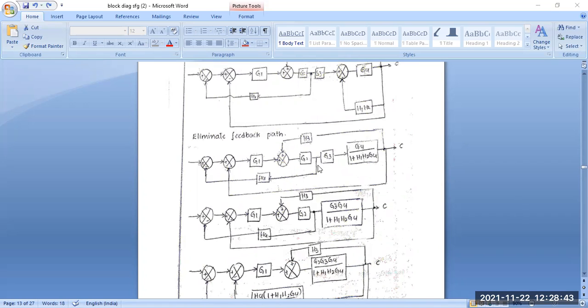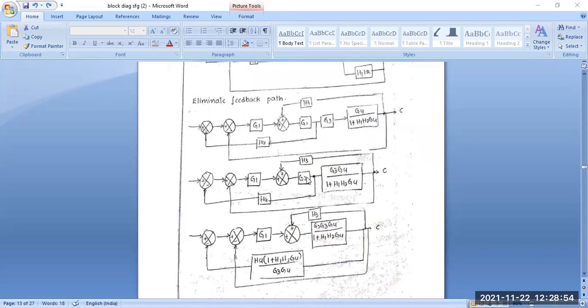That means we apply here G3, G4 by 1 plus H1, H2, G4. The other part is also the same. Next, here you can see this is G2. This is also applicable to cascade in this system. So we have to add this block to this block. That means the equation is G2, G3, G4 by 1 plus H1, H2, G4.